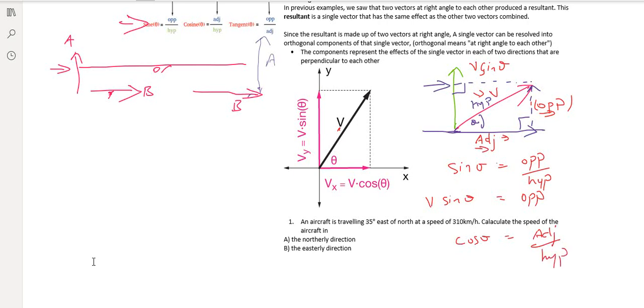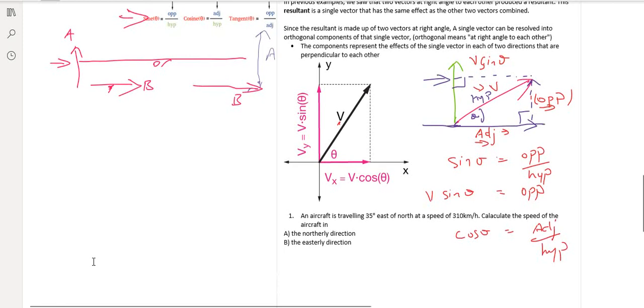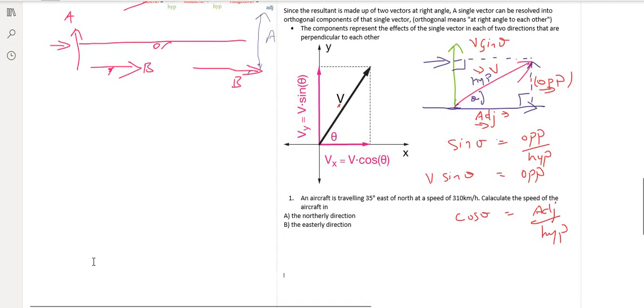With this equation, we can make the adjacent become the subject. So we know that the adjacent is equal to the hypotenuse times cosine, and we know that hypotenuse already is v, so v times cosine theta would give me that value for the adjacent.